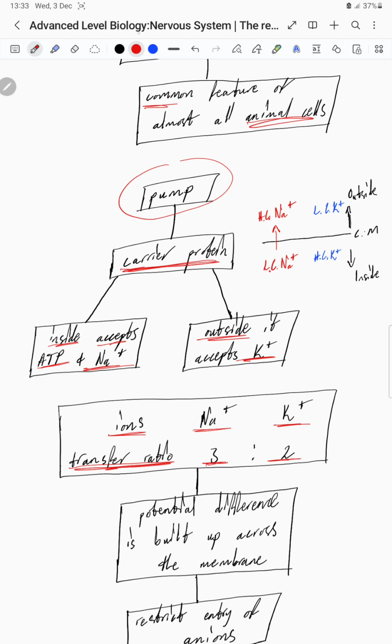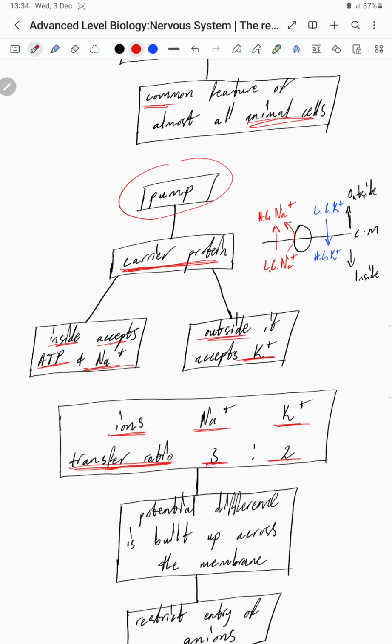This is outside, and then the potassium pumps the potassium ions into the cell. So now we have what is called the sodium potassium pump, which you have just been introduced to. It accepts ATP and sodium ions inside the cell, and then brings them out.